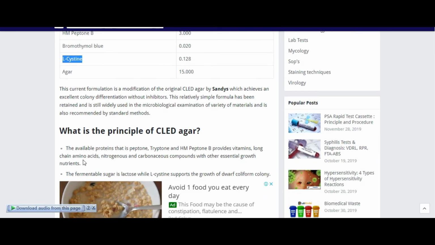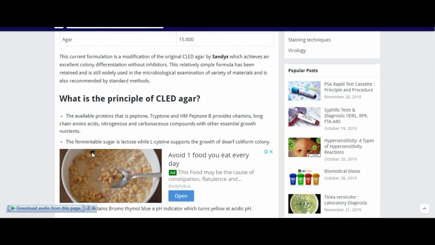For the principle of CLED Agar, if you know the composition of a culture media, you can easily determine its principle, because all of the principle is based on its composition. As already mentioned, protein, that is peptone, tryptone, and HM-peptone B, provide vitamins, long chain amino acids, nitrogenous and carbonaceous compounds, with other essential growth nutrients.